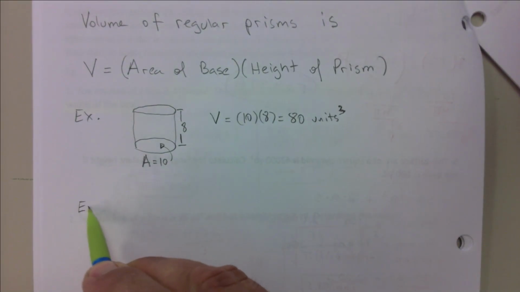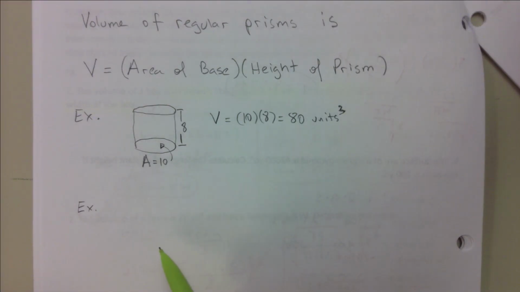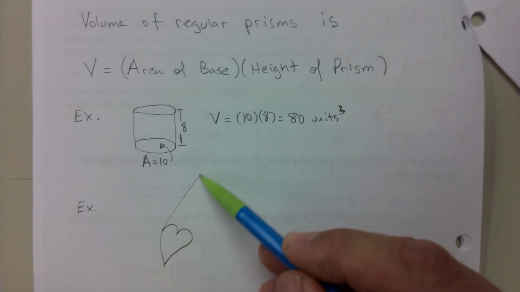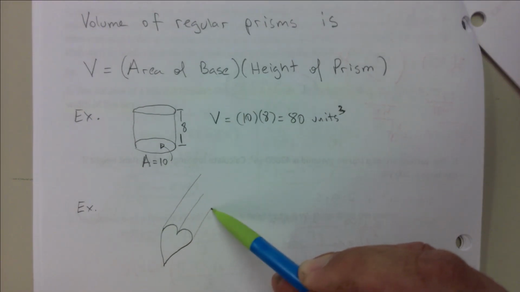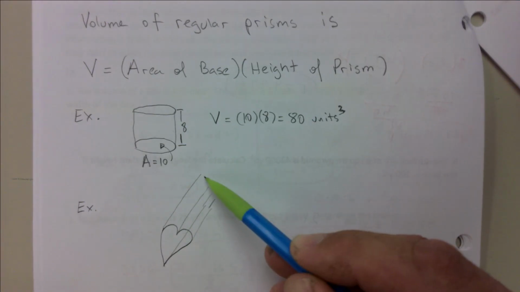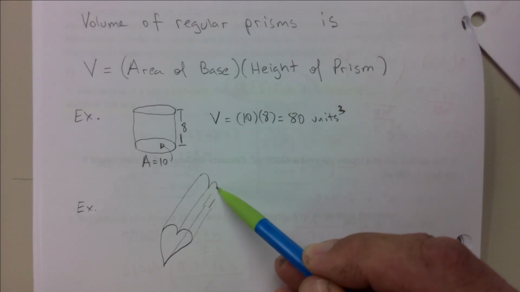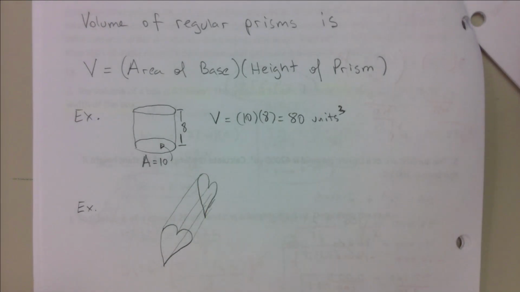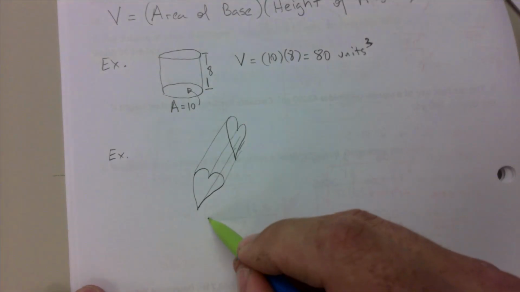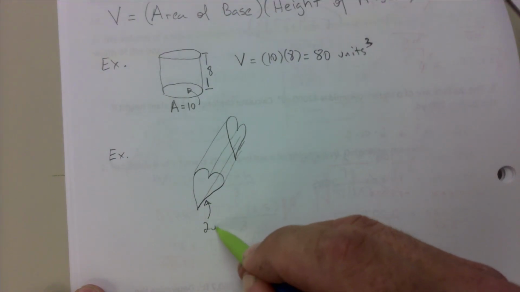Let's do a funnier example, maybe. We're ways away from Valentine's Day, but for me, it's Valentine's Day every day, right? When I go home. If I had a prism that looked like a heart, okay? This is going to look messy. Just try your best, okay? And if I told you that the area of that heart is 20, right?